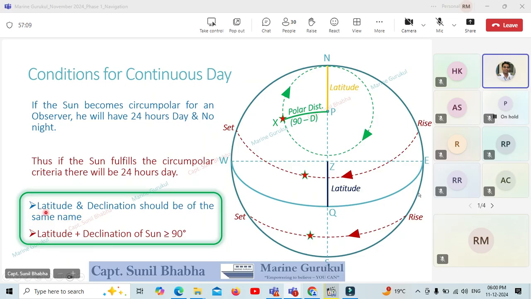That is, the latitude of the observer and the declination of the sun should be of the same names, and the latitude of the observer plus the declination of the sun should be greater than or equal to 90 degrees for the sun to be circumpolar, resulting in a 24 hours day or a continuous day and no night at that particular latitude.